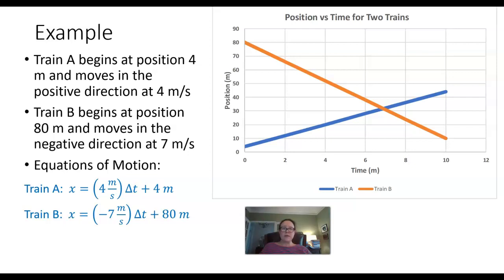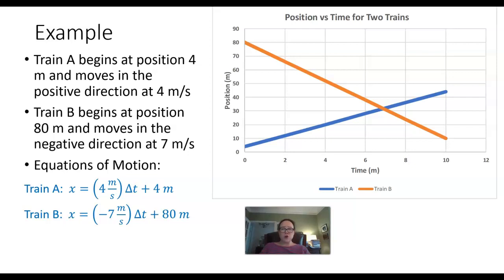So train B is moving in a negative direction. They do not start at the same place. Looking at the y-intercepts, I can see that train A begins at position 4 meters and train B begins at position 80 meters. So the two equations of motion are shown here in the bottom left side of the screen.